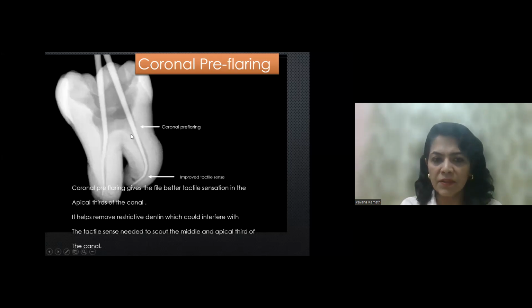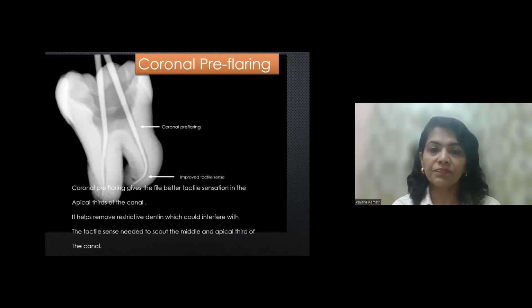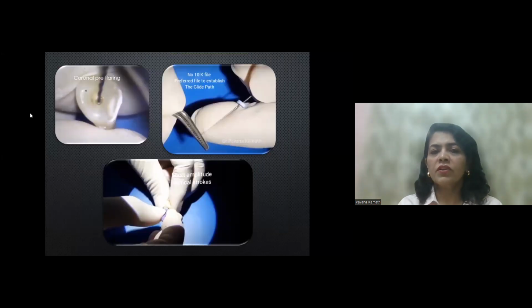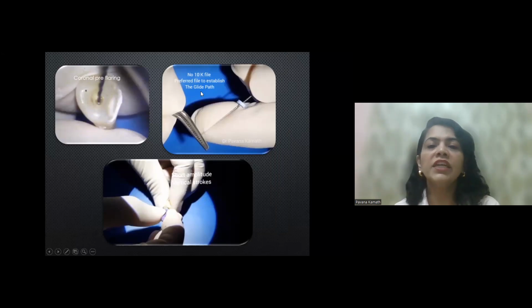As you can see in the image, once the coronal pre-flaring is established, there is freedom in the coronal third. Automatically, the file's tactile sense improves in the middle and in the apical third, and the file is able to scout the middle and the apical thirds of the canal. So you perform the coronal pre-flaring with a rotary file, and then you move on to negotiating the canal.